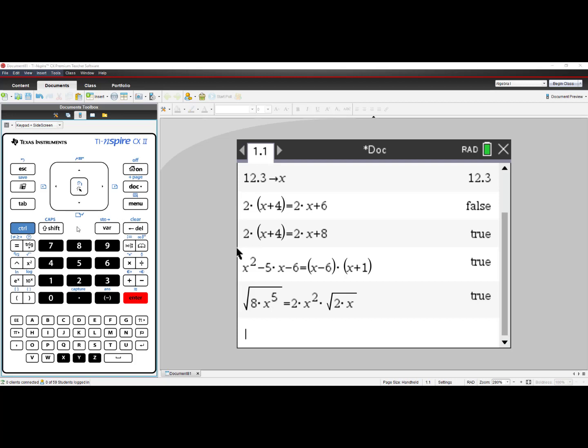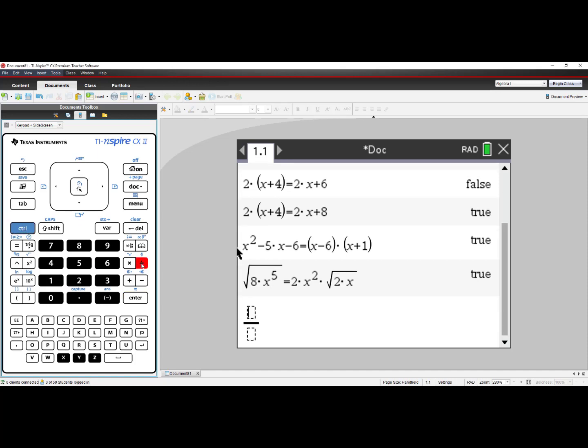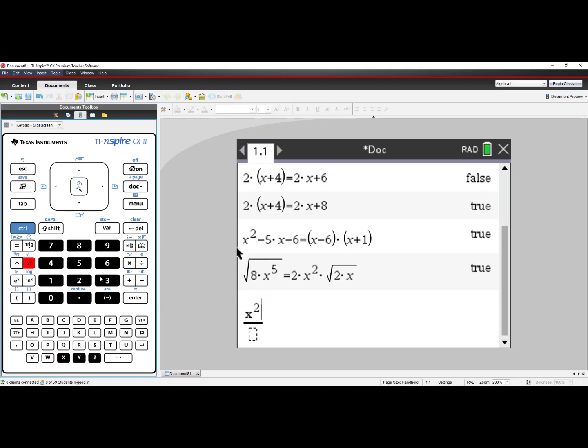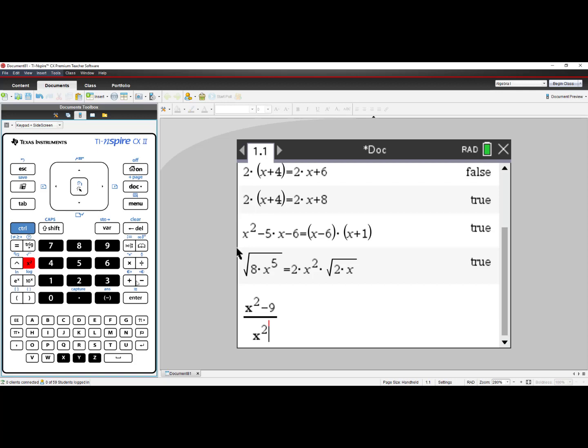One last example. Let's start with control divide to get a fraction template. In the numerator, I'll have x squared minus 9. In the denominator, I'll put x squared minus 6x plus 9. I'll right arrow to get out of the denominator, and I'll set it equal to control divide, fraction template, show the math.